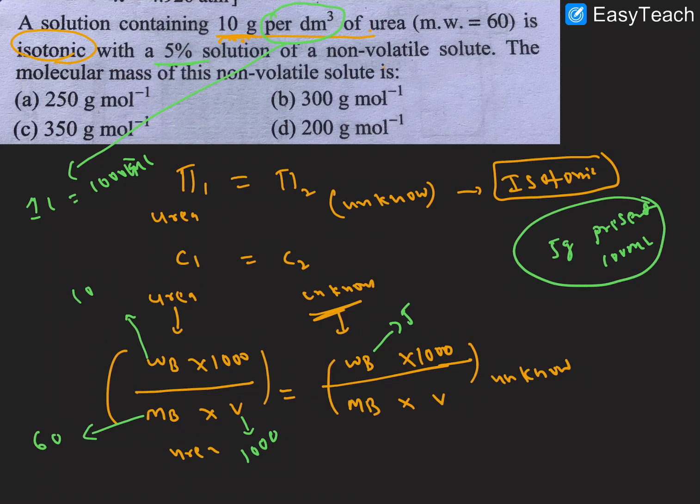This is the meaning of 5%. So here we are taking 1000 ml. The result we want is the molecular mass of the unknown solute. We can substitute these values and get the molecular weight of the unknown solute. Let us discuss in the next slide.